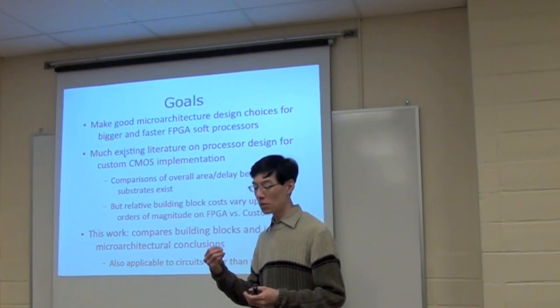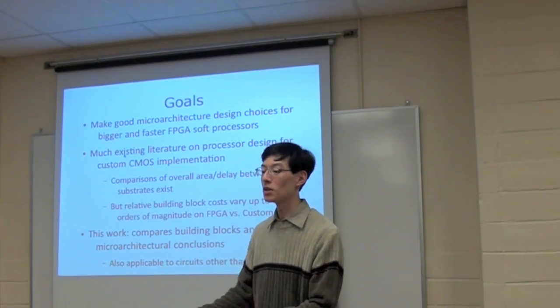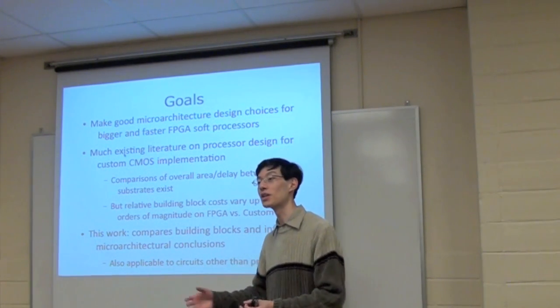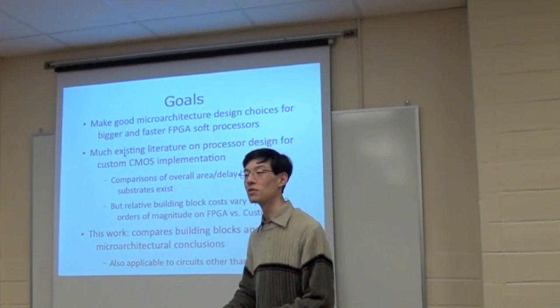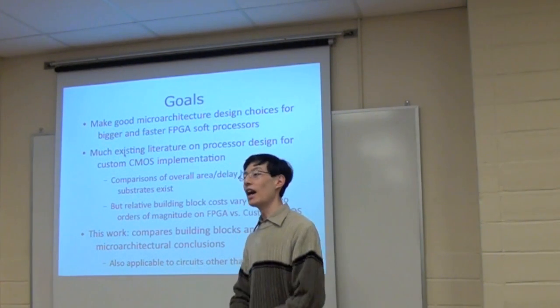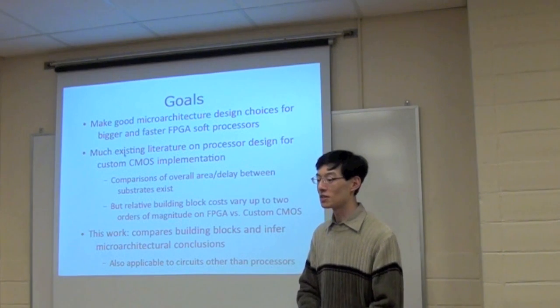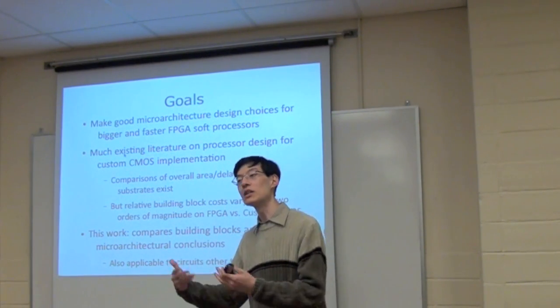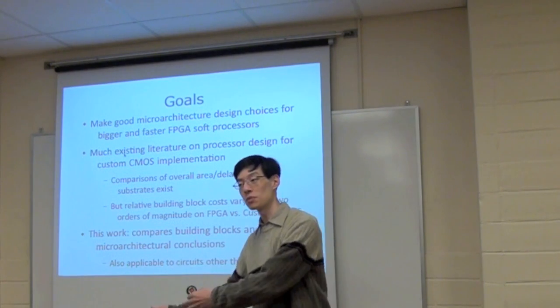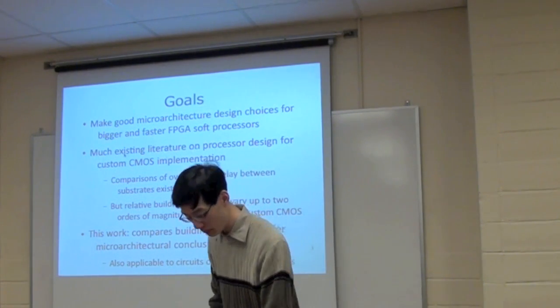But we do need more detailed comparisons at the building block level in order to actually influence microarchitecture choices. So this work provides this comparison of a set of building block circuits, and then we use the results from these comparisons to infer how the microarchitecture of processors might change when you want to build a soft processor instead of a hard processor.